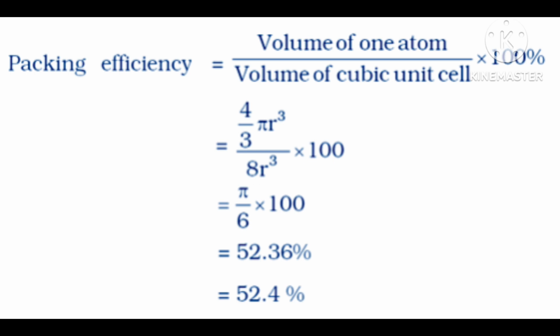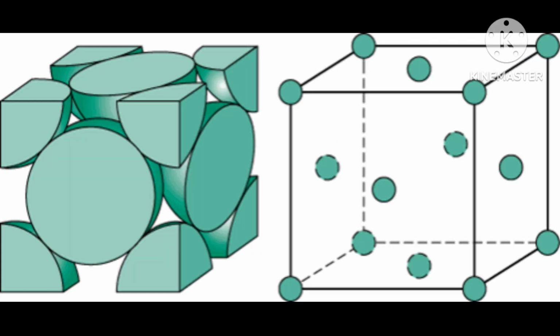From the unit cell dimensions, means length, breadth, height, it is possible to calculate the volume of the unit cell. Knowing the density of the metal, which is generally fixed, we can calculate the mass of the atoms in the unit cell.